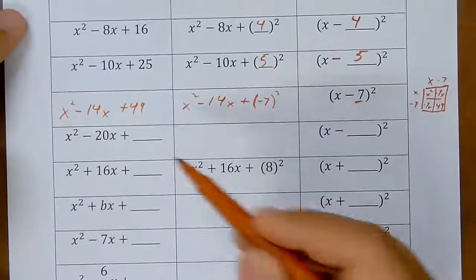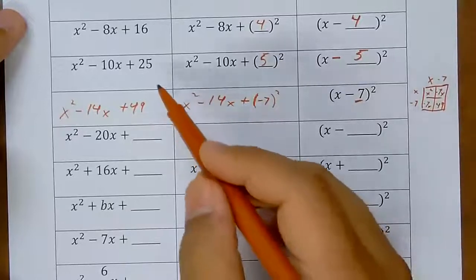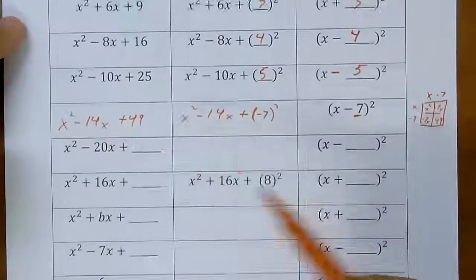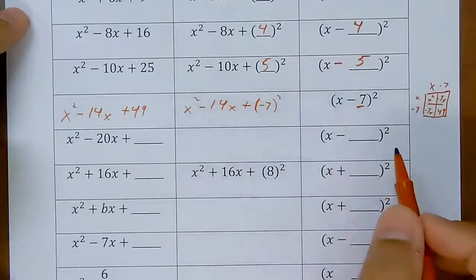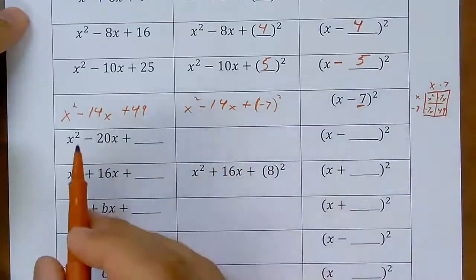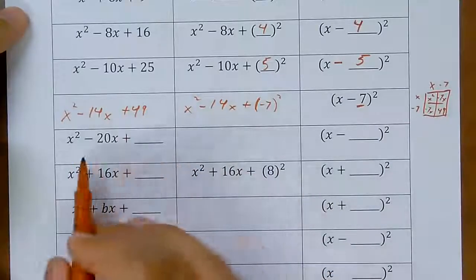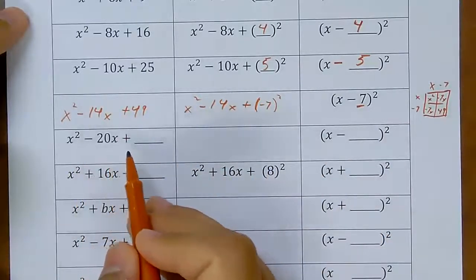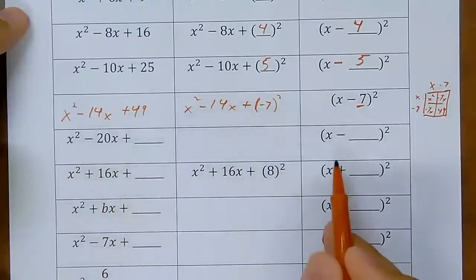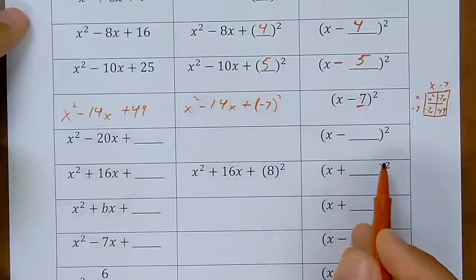So these next few here, you'll notice we do not have a full trinomial. And so we have some blanks, and we're going to have to fill in the rest of these. This is a pretty common setup for what we'll be seeing. We'll come back to this x squared minus 20x plus blank, and this x minus blank.